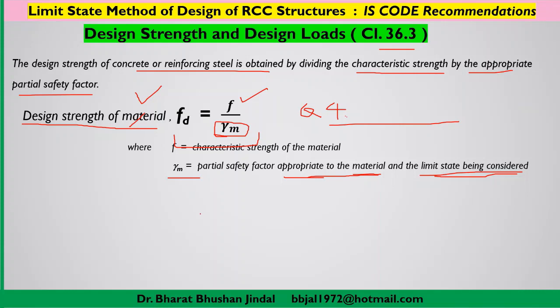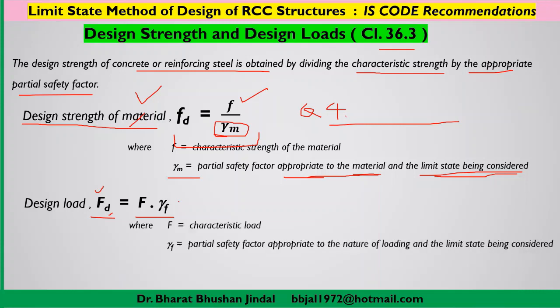Now design load. Here we have taken capital F for symbolic purpose: capital F is for the load and D for the design. Here F, which is the characteristic load, is multiplied by the partial safety factor appropriate to the nature of loading and the limit state which you are considering.